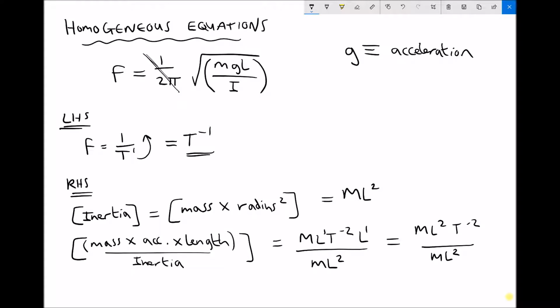Now what we can do at this stage is we can cancel out some of these variables because we have an m to the 1 divided by m to the 1. Well, if we was to use our law of indices, the powers there would be 1 minus 1, giving us m to the 0. But we can do this in a more traditional way, and if we've got an m on the top of an equation and an m on the bottom, we can just cancel those out. However, it would always work with the law of indices. On the top we have an L squared, on the bottom we have an L squared. So our only remaining dimensions here is t to the minus 2.